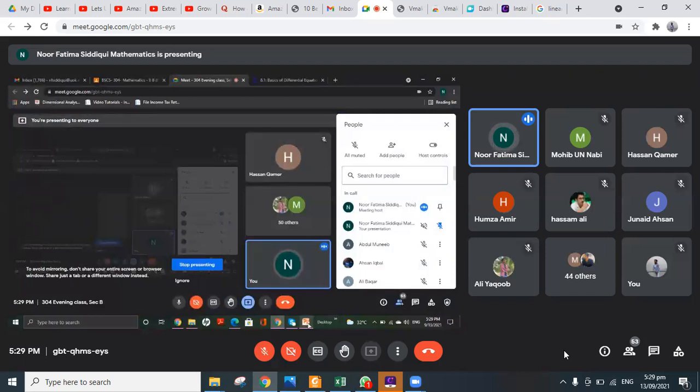Then we discussed that we have two different types of solutions, general solution or particular solution. A general solution contains arbitrary constants and a particular solution does not.